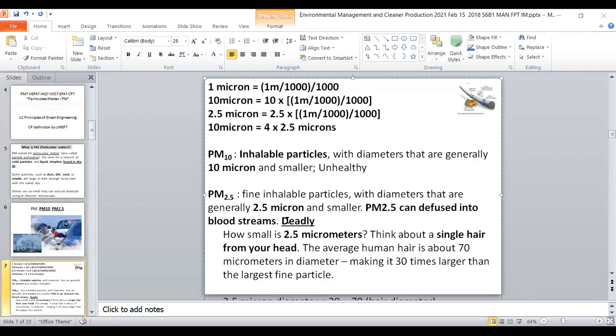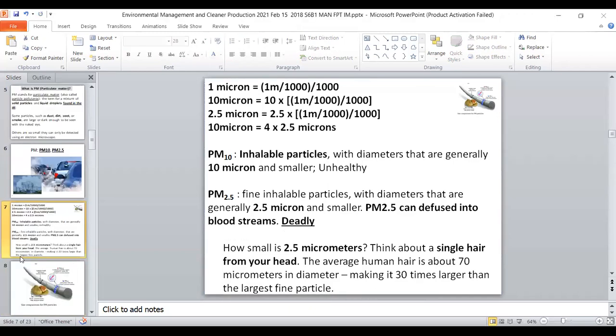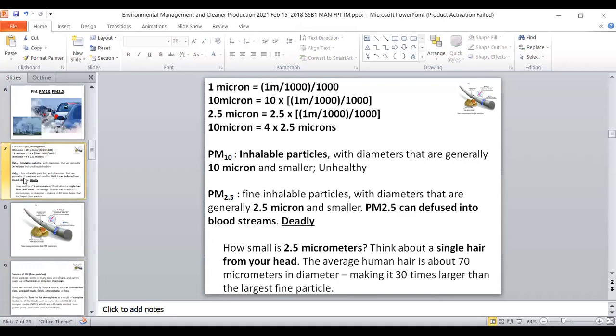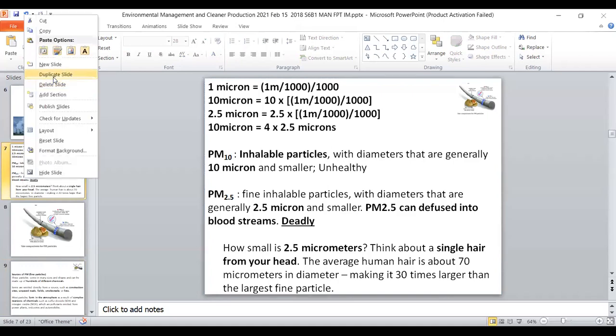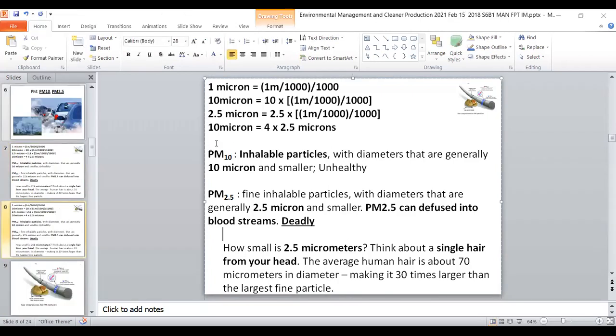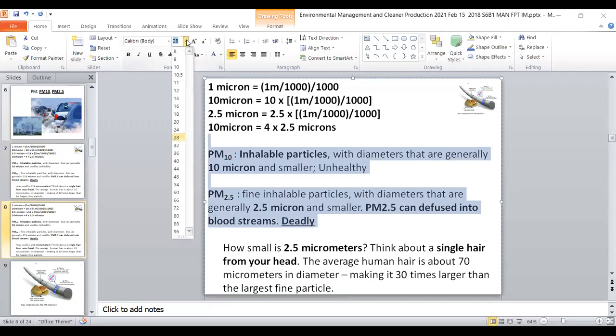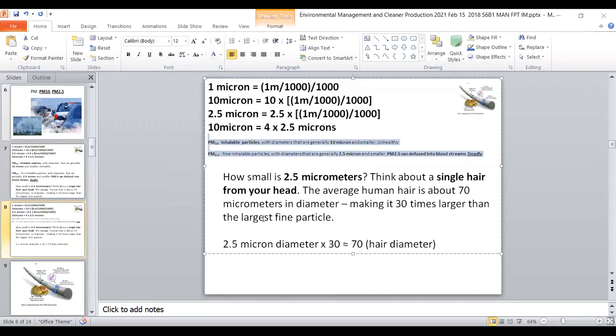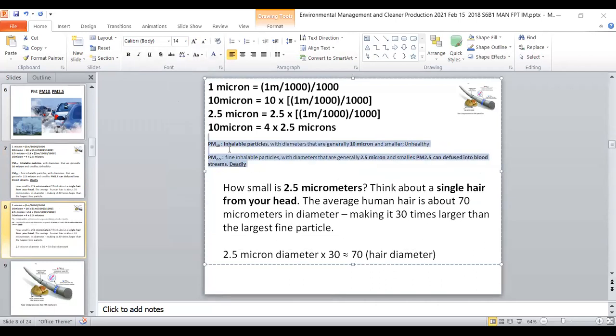Then we will try to imagine the sizes much more, again in detail. The question: how small is 2.5 micrometers?